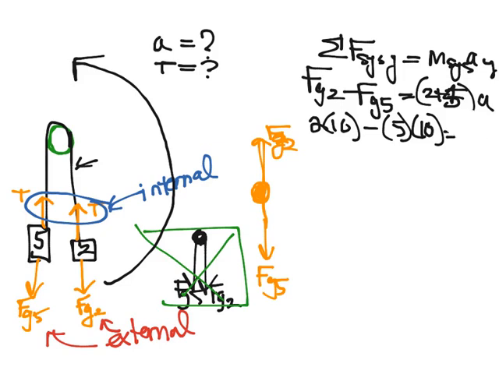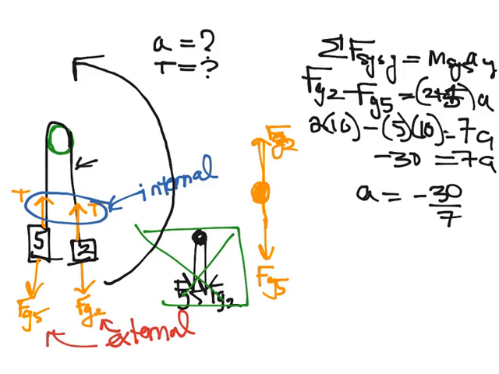That's just because I'm adding up these two masses, 2 and 5. So I have 20 minus 50, negative 30, is equal to 7a, and my acceleration is negative 30 divided by 7, whatever that is, meters per second squared.